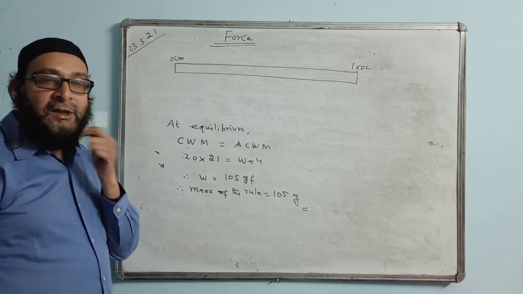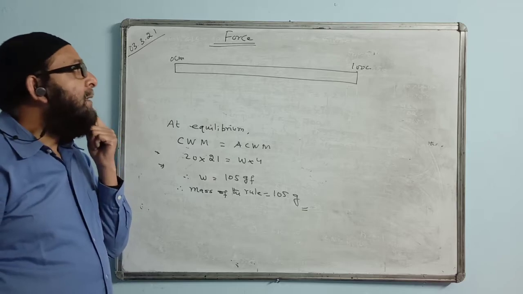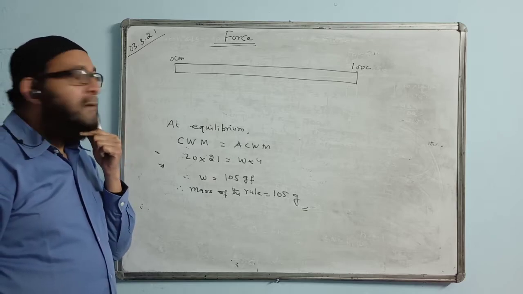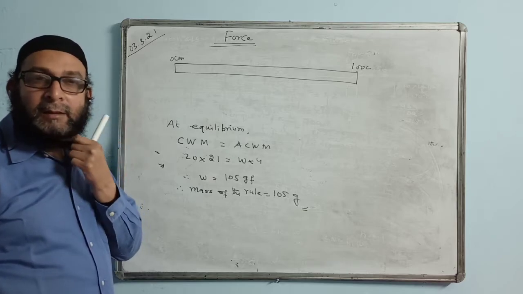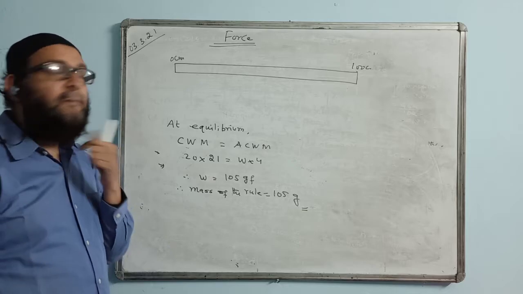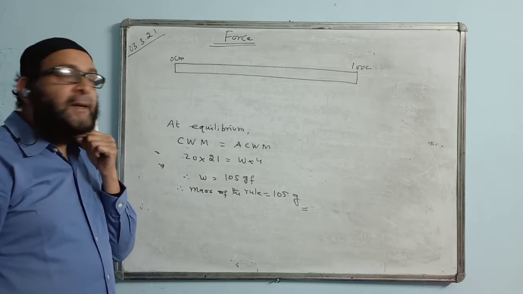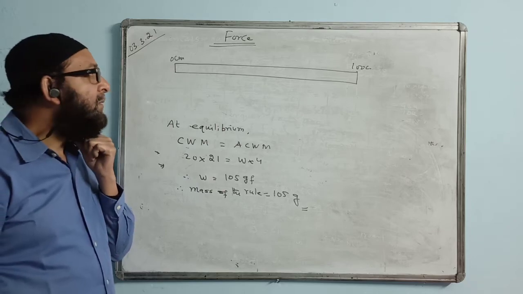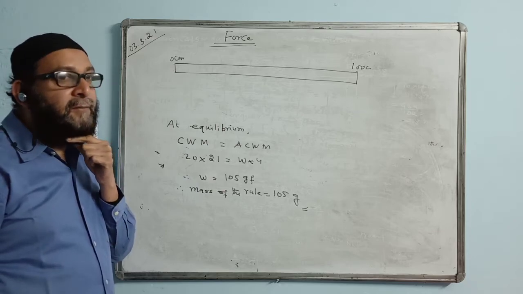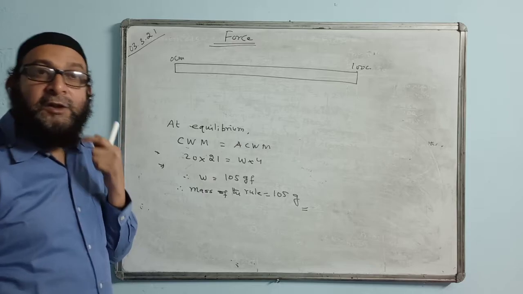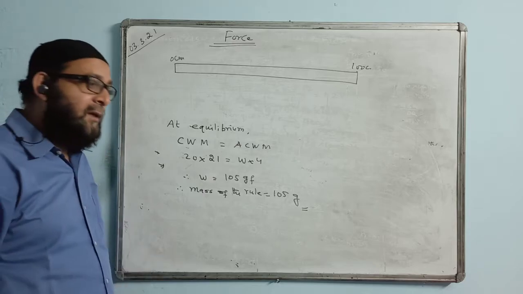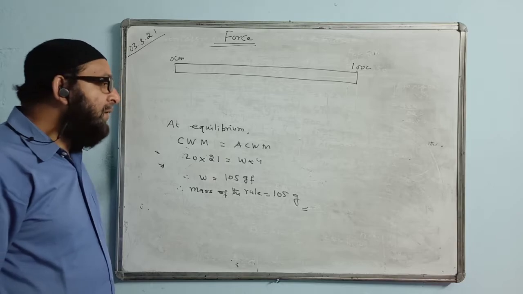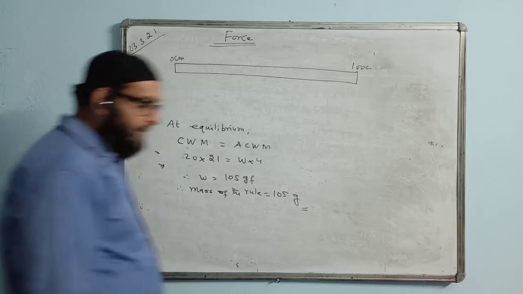It is balanced at 30 centimeter mark by keeping a weight of 40 GF. Where should we keep this weight? The question says that.